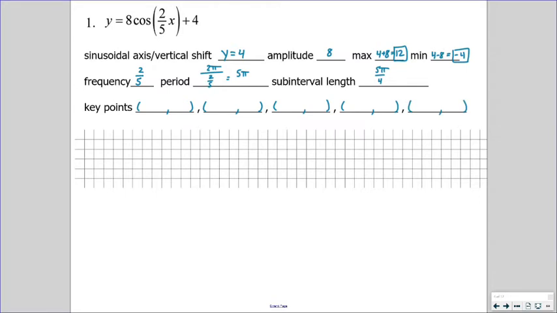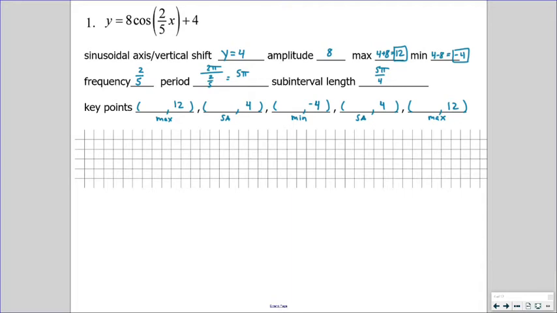So remember that the order of key points for cosine is max, axis, min, axis, and then back to the max. So our maximum here is 12. Our axis is 4. Our minimum is -4. Back to the axis at 4, and back to our max at 12.